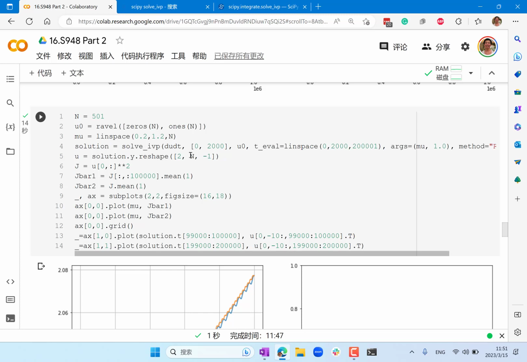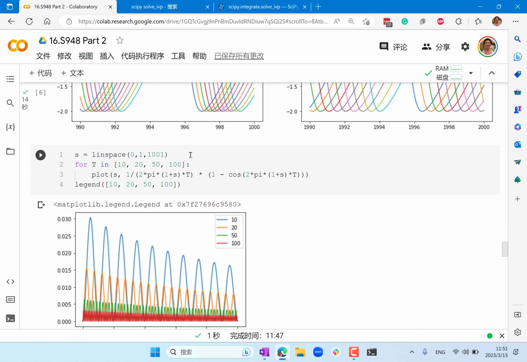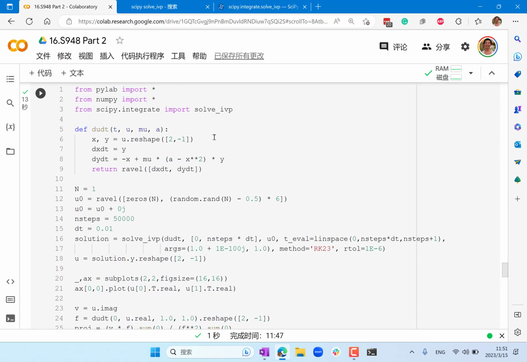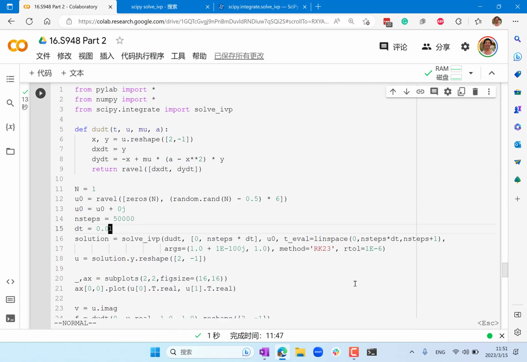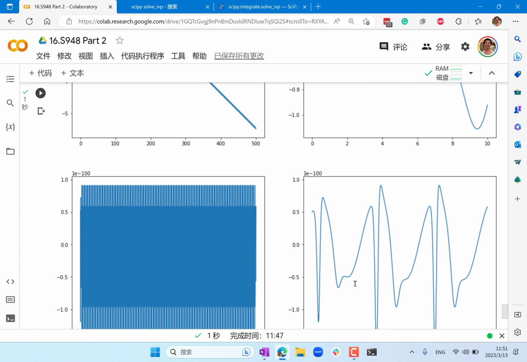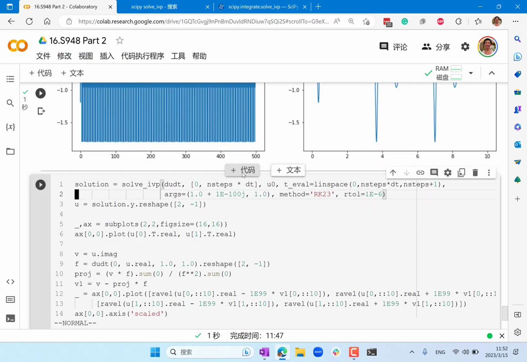And this actually has a pretty significant effect on the sensitivity analysis, as we have just seen when we had the tolerance of 10 to the minus 3, which was the default. So let me copy this part and paste it down, just setting the tolerance to 10 to the minus 3, right?